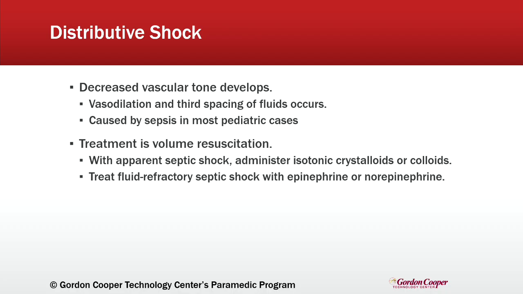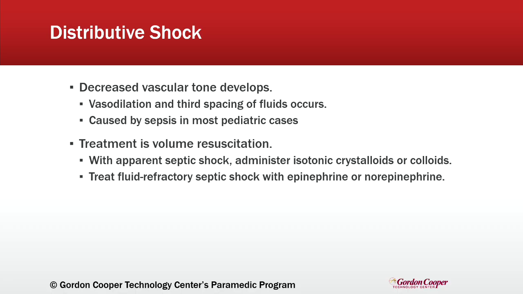The result is a drop in effective blood volume, causing what we see as basically functional hypovolemia. Possible causes for distributive shock include things like sepsis, anaphylaxis, adrenal insufficiency, and even spinal cord injuries. Sepsis is going to be the most common cause of distributive shock in pediatric patients.